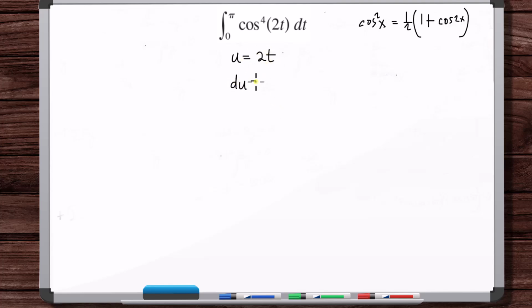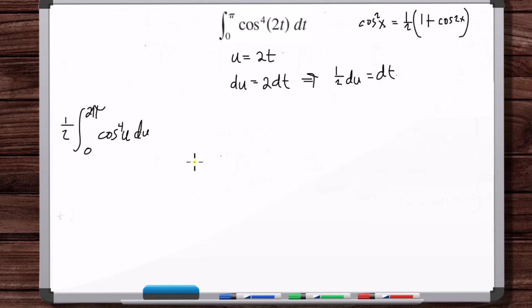So du is equal to 2 dt. 1/2 du is equal to dt. So when t is equal to 0, u is equal to 0. When t is equal to pi, u is equal to 2 pi. Cosine to the 4th of u du and bring a 1/2 out.